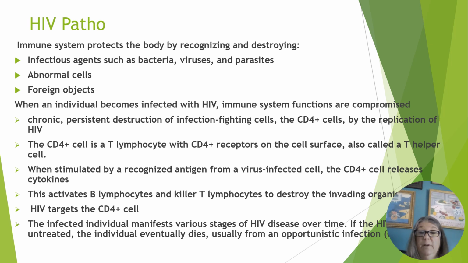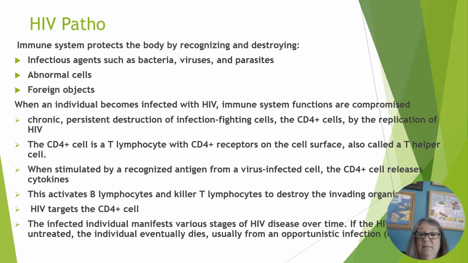When an individual becomes infected with HIV, immune system functions are compromised, and the individual becomes more susceptible to various infections. There is chronic persistent destruction of infection-fighting cells, the CD4 cells, by the replication of HIV. So as HIV replicates, it literally takes over the CD4s, okay?